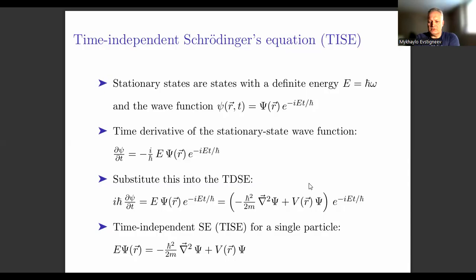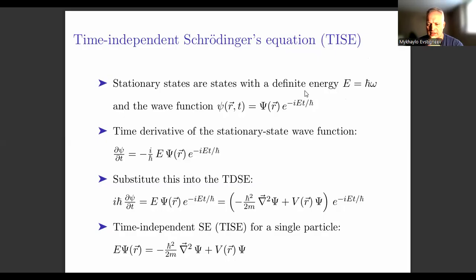To obtain a stationary state, the time dependence must enter in a specific way, in the form of an exponential to the power negative i times angular frequency omega times time t, and the angular frequency is the ratio of energy to Planck's constant, so exponential to the power negative i energy time divided by the reduced Planck's constant h bar.